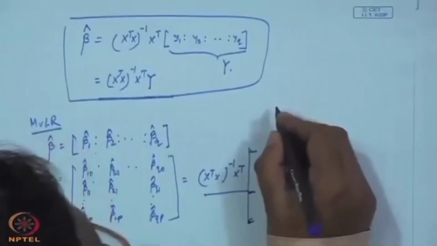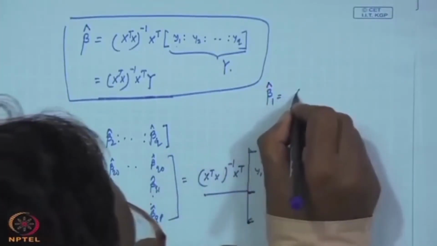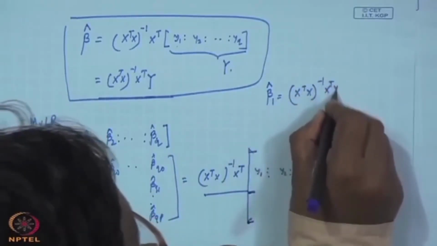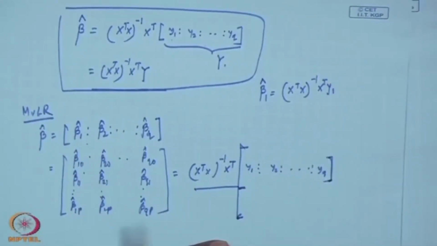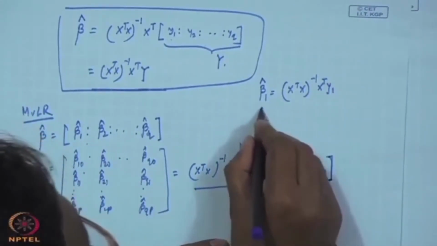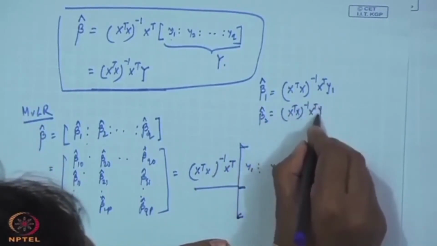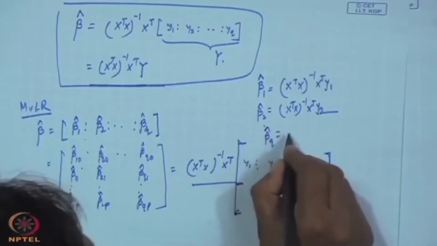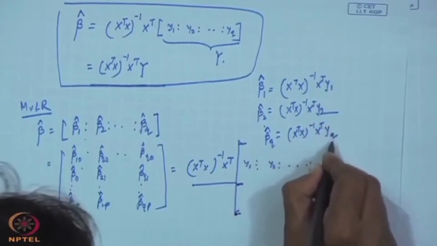In a nutshell, what I mean to say is that this one is X transpose X inverse X transpose Y1. Similarly, beta 2 cap is X transpose X inverse X transpose Y2. Like this, beta q cap is X transpose X inverse X transpose Yq.